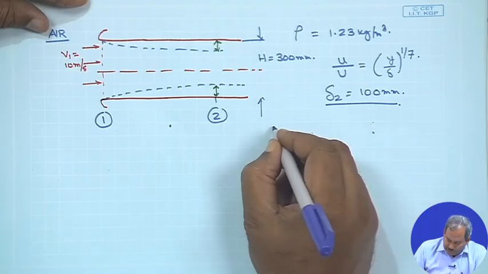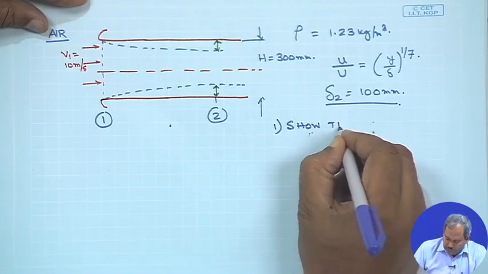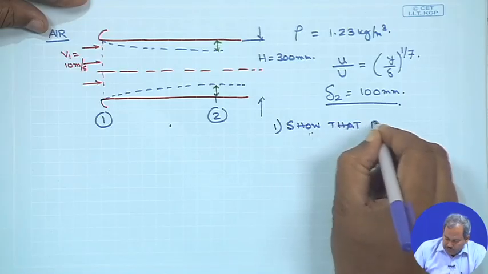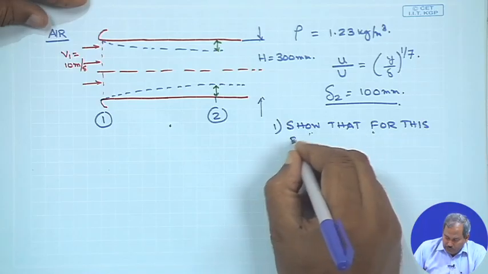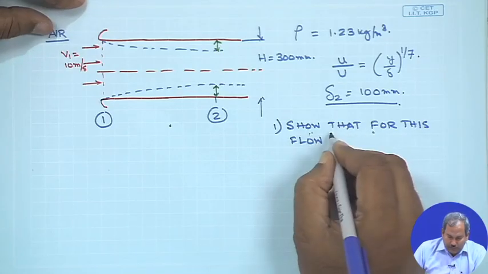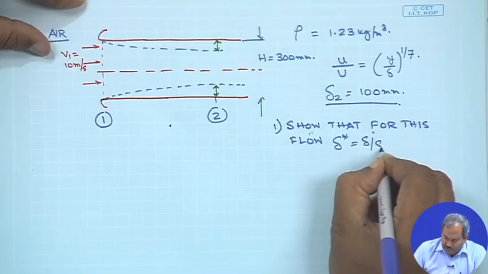The first thing you have to do is show that for this flow, delta star, the displacement thickness, is equal to delta by 8.